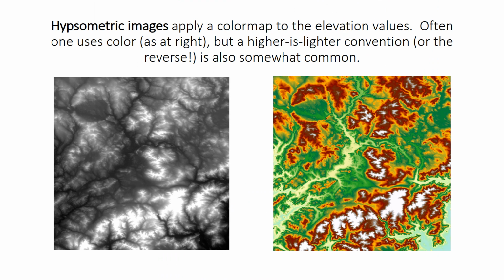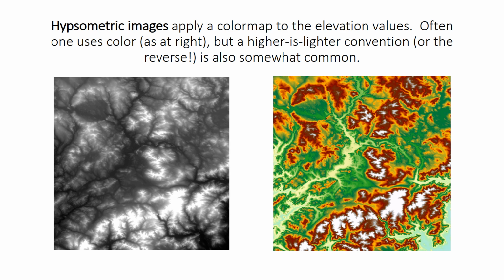One of the ways that has evolved to represent terrain is hypsometric images. The idea here is to represent not slope, but elevation with color. Maybe you've seen something like the image at the right, where the highest elevations are shown in white, and then it goes into a brown, and then into green, and then eventually into a blue.